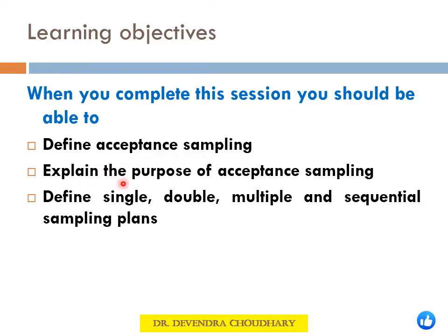You will be able to explain the purpose of acceptance sampling, and it will enable you to define several sampling plans. So in today's session, we will define these sampling plans, and in subsequent sessions we will discuss these plans in more detail.